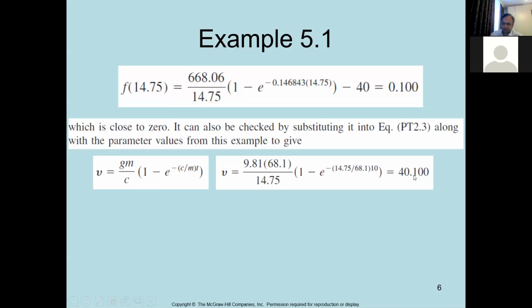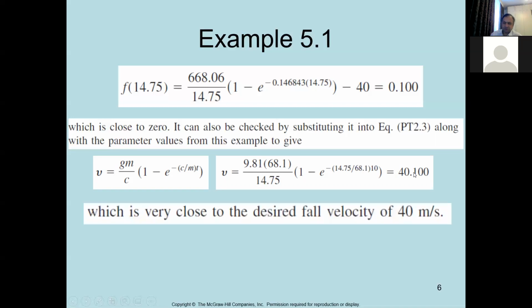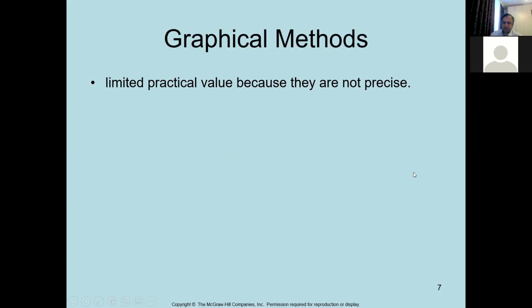But in this case, the velocity we have calculated is about 40.1 meter per second, which is not 40, but also not very much different from 40. So it means that we have got a reasonably well solution with this graphical method. So this was the example 5.1.